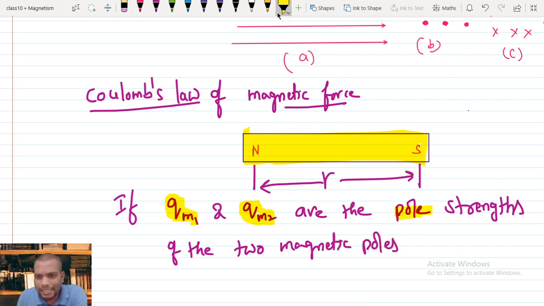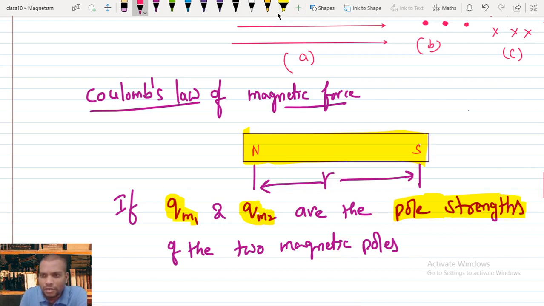Each pole has its own strength. So Qm1 and Qm2 are the pole strengths of the two magnetic poles which are at a distance r.